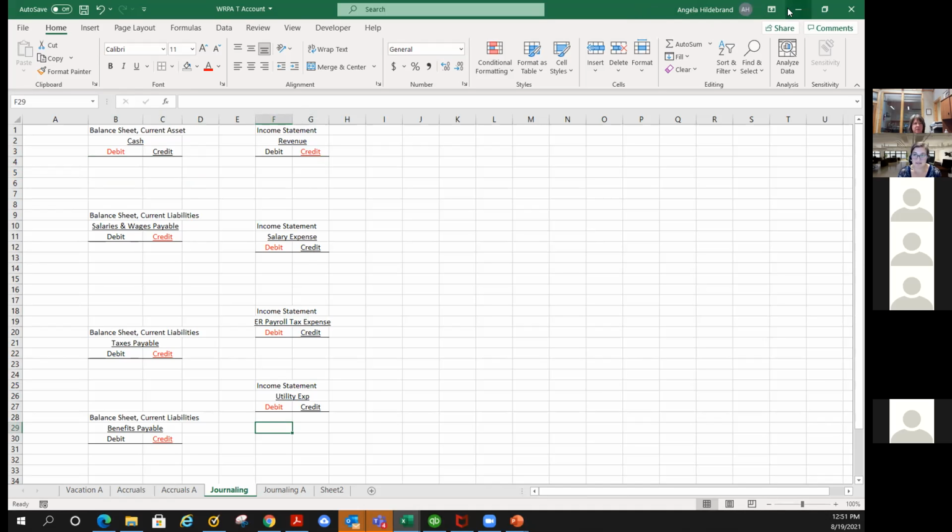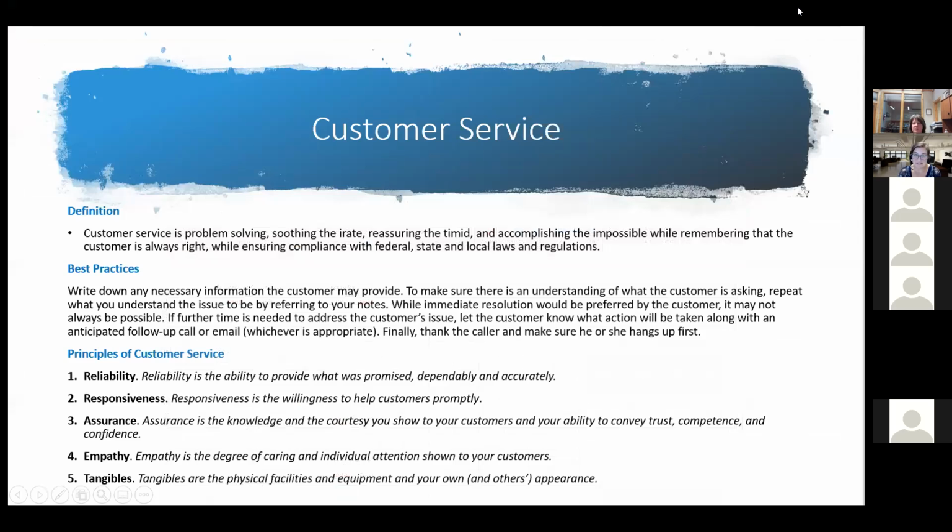So I'm going to do a little pop quiz in the chat box. So cash has a normal what balance? What financial statement does it show up on? Look at you guys. Equity. This is a trick question. Equity has a normal what balance? What financial statement does it show up on?